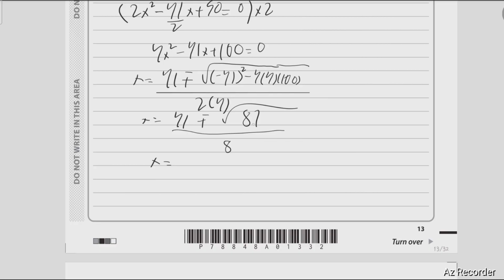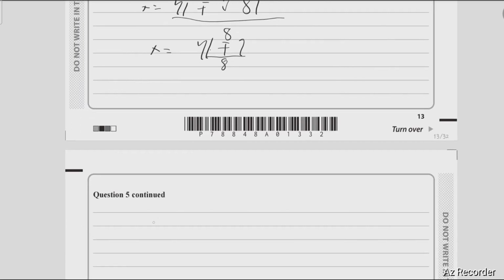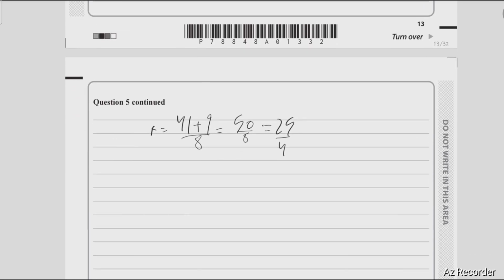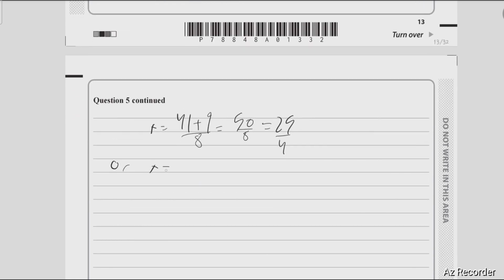Now 81 is a perfect square, 9, so it's just 41 plus or minus 9 over 8. x equals 41 plus 9 over 8, which is 50 over 8, or 25 over 4, or x equals 41 minus 9 over 8, which is 32 over 8, which is 4. And that's point M.